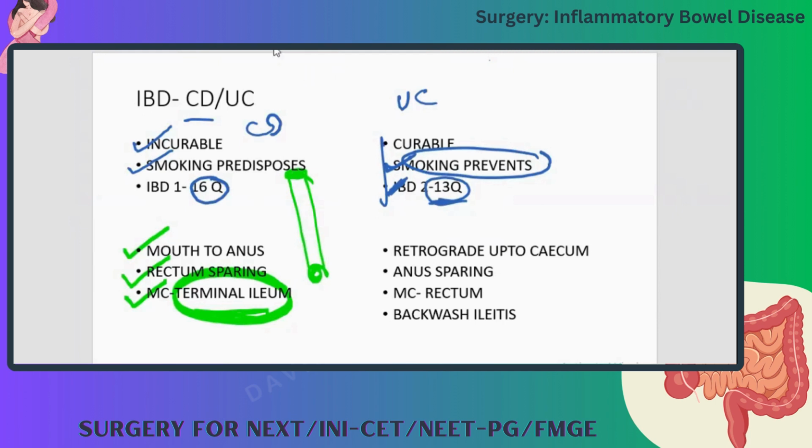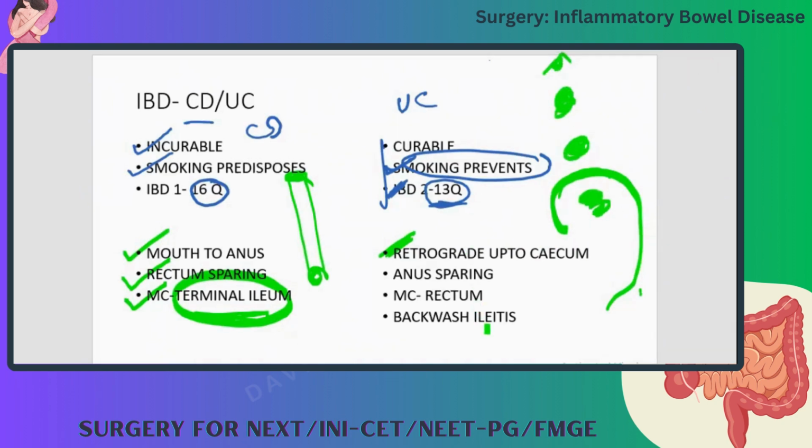Then ulcerative colitis, it occurs up to the cecum only, retrograde, from the anus and rectum up to the cecum. It doesn't involve the small bowel, the stomach, the esophagus, or the mouth. Only the large bowel, up to the cecum. And here anus sparing will be there.